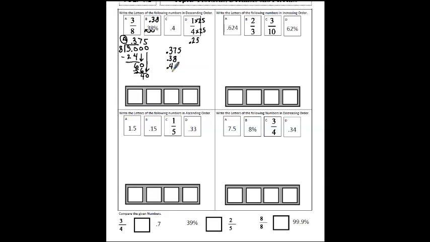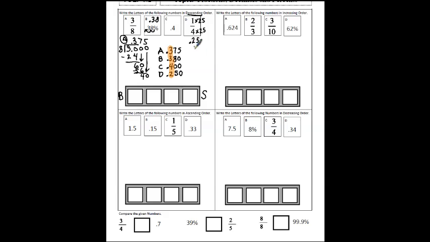Now if I list A, B, C, and D, making sure that we have everything in columns, the tenths places are lined up, the hundredths places are lined up, and the thousandths places are lined up, then we can start evaluating. So I have A, B, C, D, and I'm going to first look at the tenths place. You always move from left to right. So we want to go in descending order, from biggest to smallest, and we're going to focus on the smallest numbers in the tenths place.